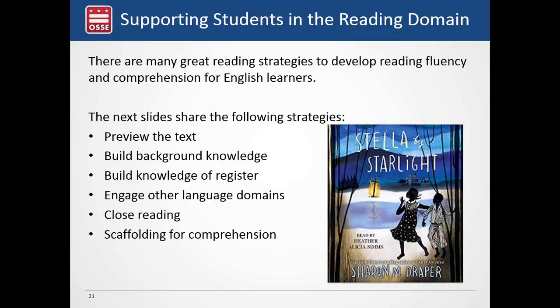We're going to be using Stella by Starlight, and you see the cover of this text by Sharon M. Draper on the slide, to go over the following strategies. As you see, preview the text, build background knowledge, build knowledge of register, engage other language domains, close reading, and scaffolding for comprehension.